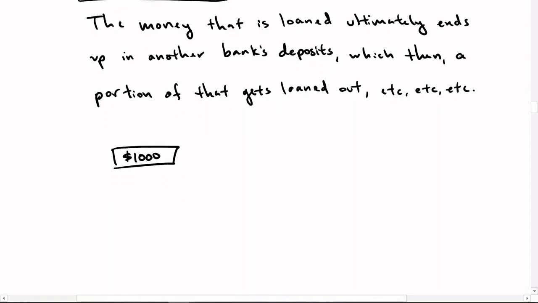Okay, but let's say we've got a $1,000 bill here, or maybe 10 100s. And that goes into the bank, and underground in the vault, they keep 10% or $100, and the rest of it they can send out as a loan for somebody to buy a car.